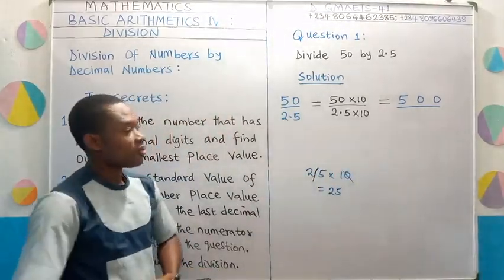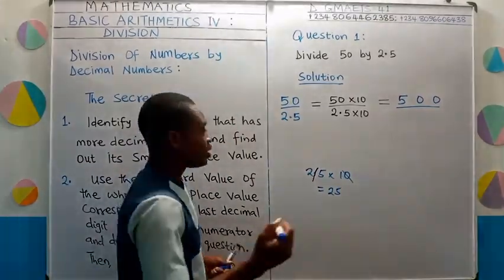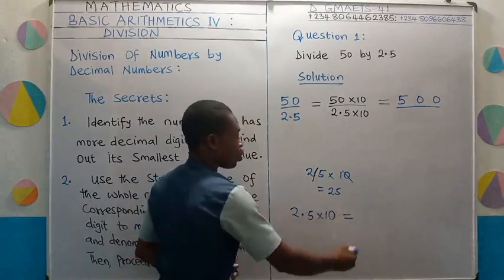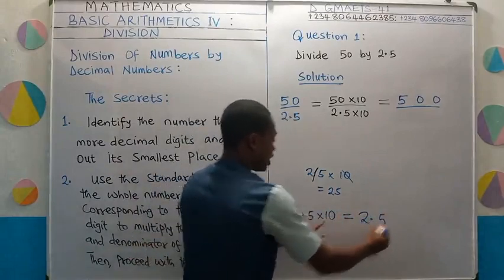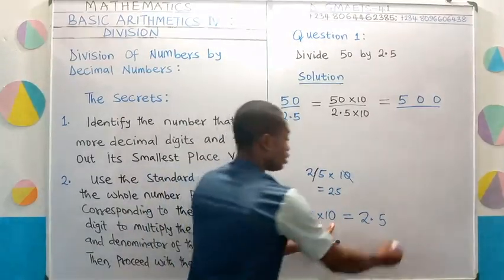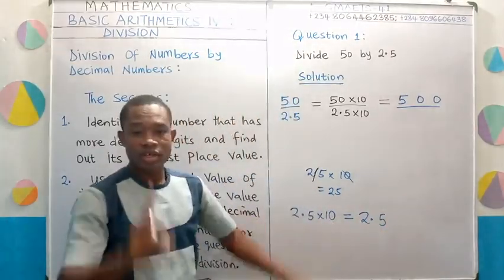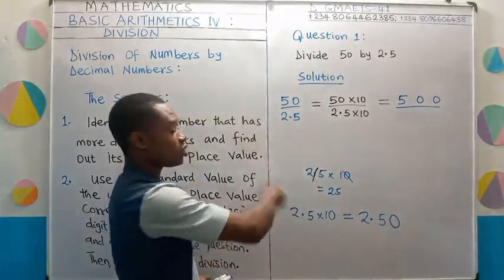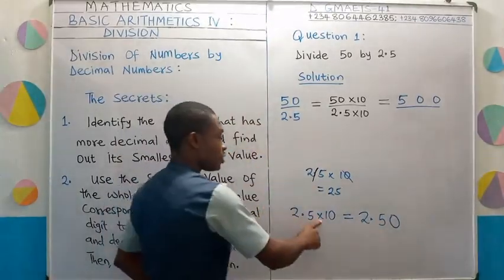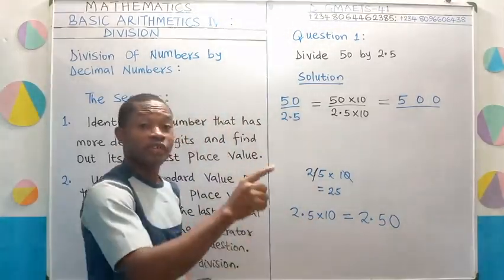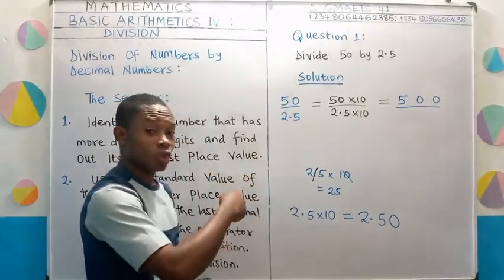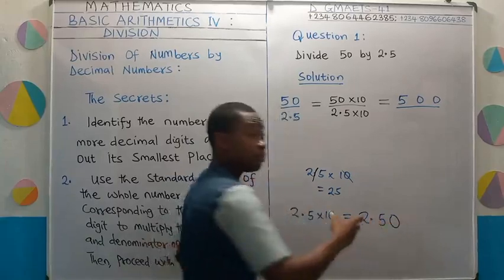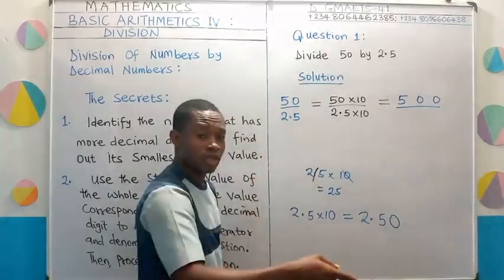Does that make sense? Now, when talking about point movement, this is another way you can solve it. 2.5 times 10. You just say it is equal to 2.5, then attach the number of zeros you have in 10. And how many zeros do we have in 10? Just one 0. So you attach that 0. Then you move your point to the right once, because this is multiplication. If it is division, you move to the left once. So 2.5 times 10 will give us 2.50, but that is not the answer because you have not moved the point.